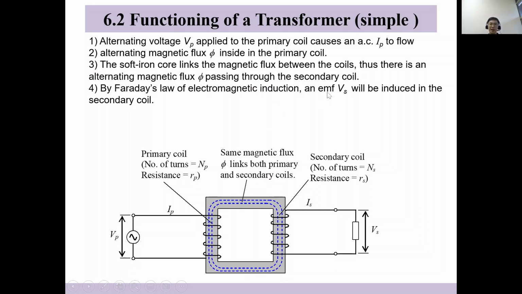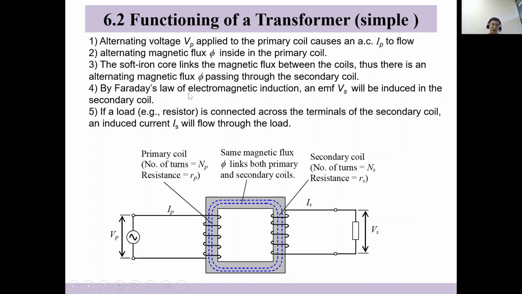And an EMF Vs will therefore be induced in the secondary coil. So you see how the transformer is an amazing piece of device that uses a few pieces of knowledge, right? Both from EMAG and EMI. Next, if there is a load connected across, the alternating voltage will then create an alternating induced current, right, in the secondary side.